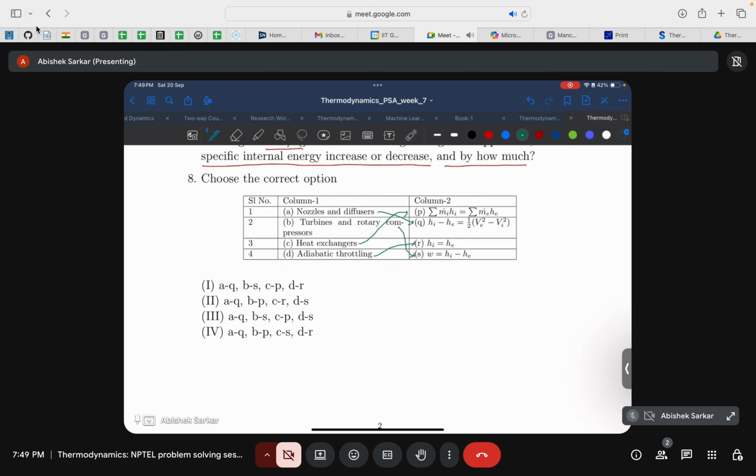So my solution would be A-Q, B-S, C-P, and D-R. So this is your correct option.